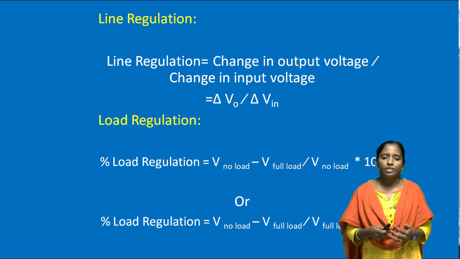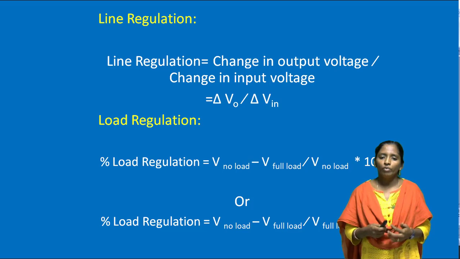So after giving the load, how much regulation it provides is known as the load regulation. Percentage load regulation equals (V no load minus V full load) by V full load into 100, or (V no load minus V full load) by V no load into 100. This is the percentage load regulation.